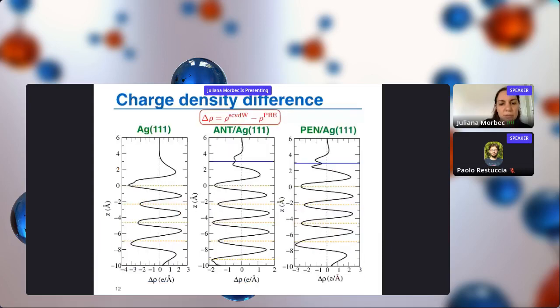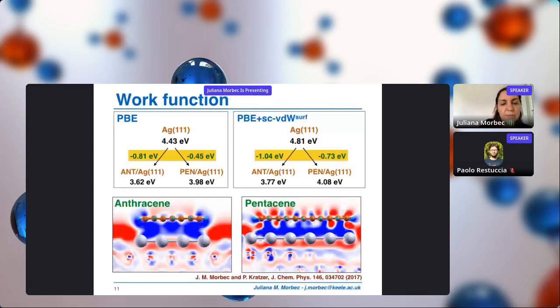And you can really see that there is some charge transfer. This is pentacene on the right-hand side here, and you can see this red part of the figure. There is positive charge transfer between molecule and surface.